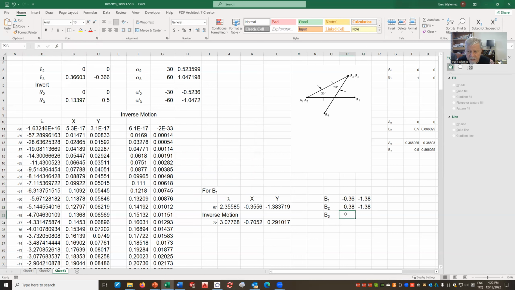To determine B3, I have to rotate it about P13 by an angle 513, or delta 2 plus Z e to the I alpha 2.